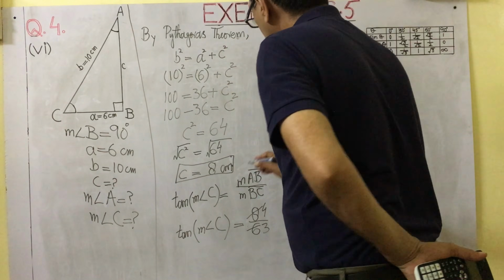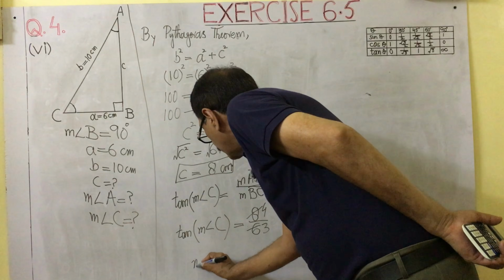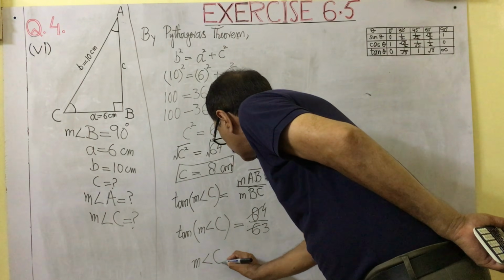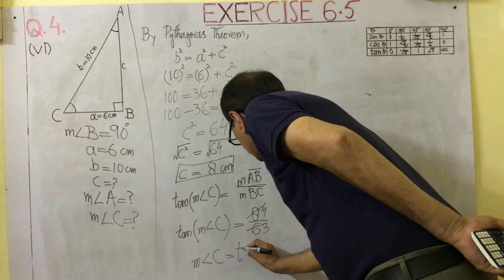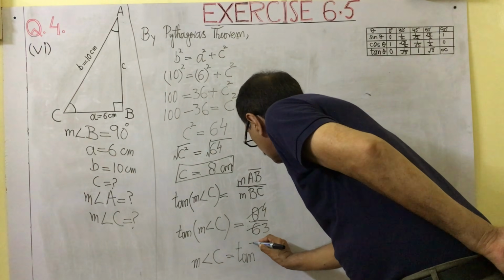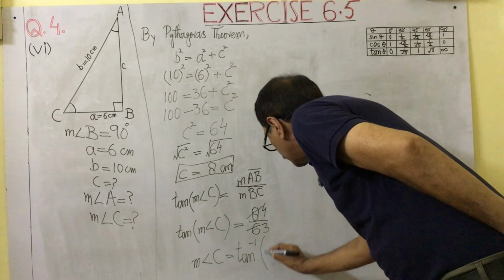So you can say angle C is equal to tangent inverse of 4 by 3.